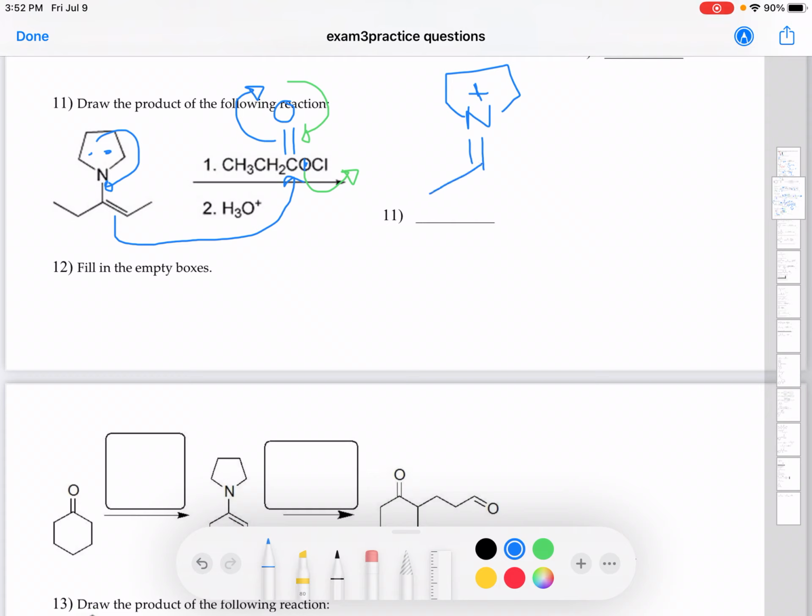The double bond there, and on this carbon you have the carbonyl group, and there are two more carbons, 1, 2. So this is going to be the product after the addition of the propanoyl group onto this carbon. In the second step, you are adding acidic water.